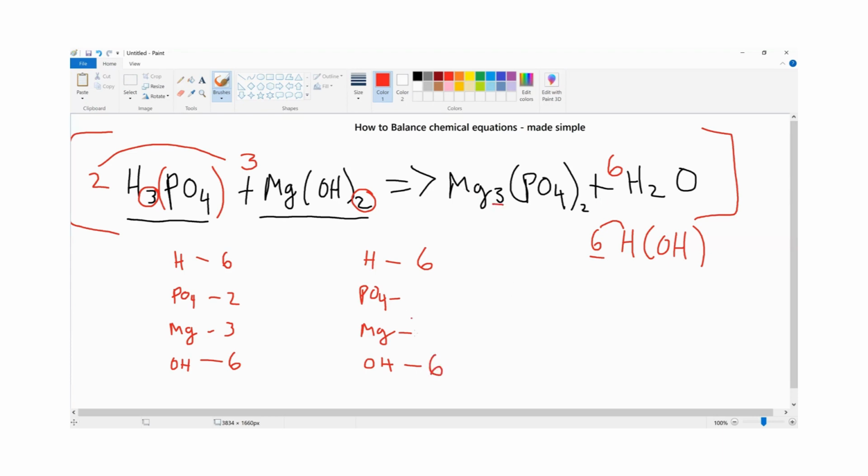We have 3 magnesium, and we have 2 phosphate. There you go. I just proved to you that that trick really does come in handy. So this is the final answer. I just wanted to show you how that trick can apply to acid and base.